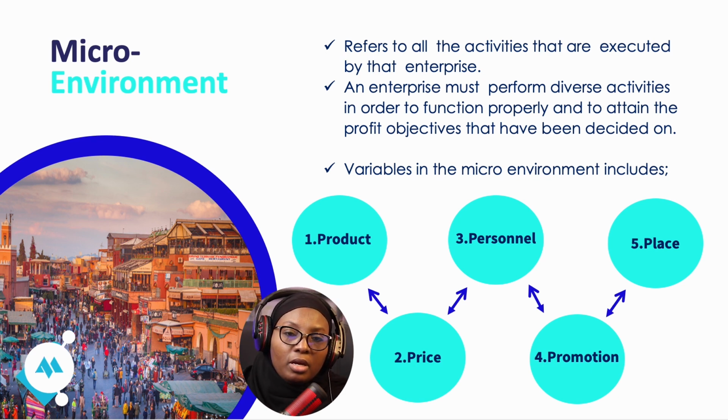You have the price. Of course, here we're talking about how much you want to sell a certain good. There are so many factors that can determine that. One, of course, is the cost of production itself. But more importantly, it goes back to the buying behavior of your target customers and understanding what works for them.